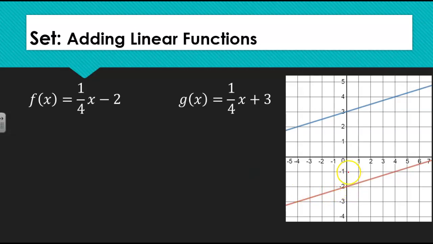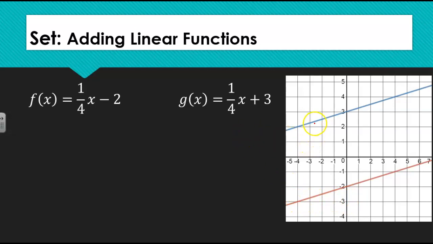We're going to rise 1, and we're going to run in the positive direction 4. And then if we rise 1 again and run 4 more over, we'll hit the next point on the line. Likewise, if we were to drop down 1 and go to the left in the negative direction 4, we would hit another point on that line.